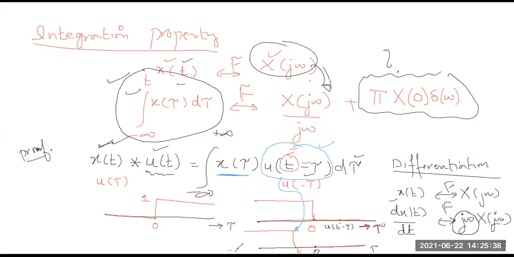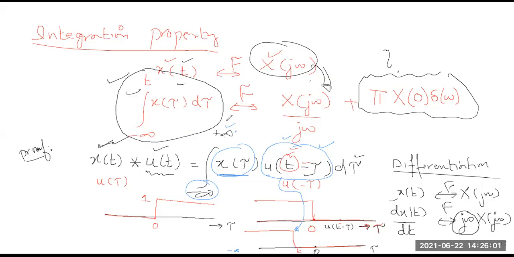So nothing will happen to the lower limit, minus infinity, but the upper limit, which is plus infinity, needs to be changed, because the signal that is multiplied with the given x is only non-zero up to this time interval, that is t. So the upper limit will become t.